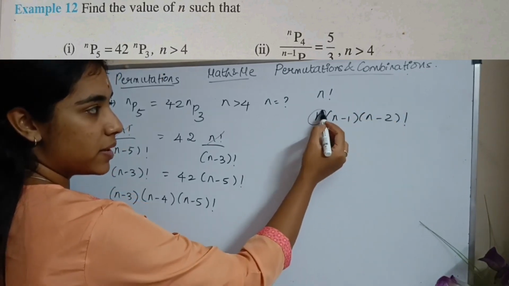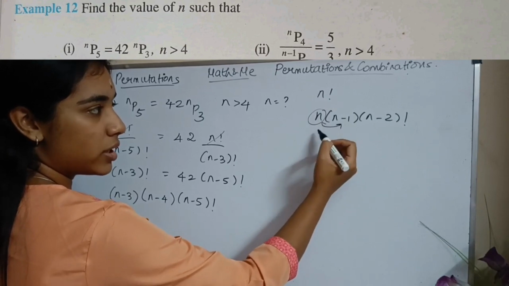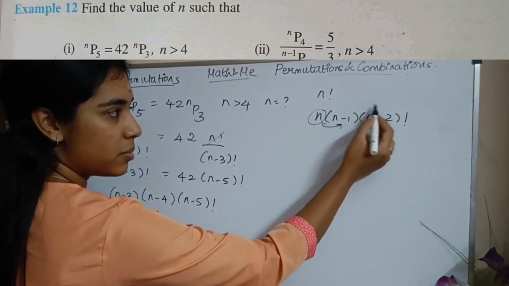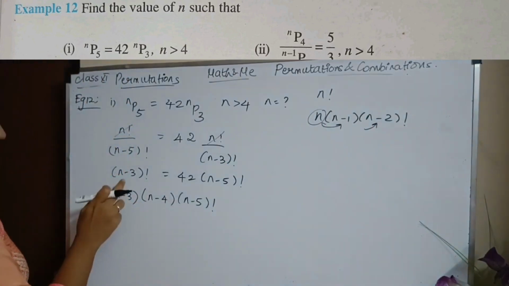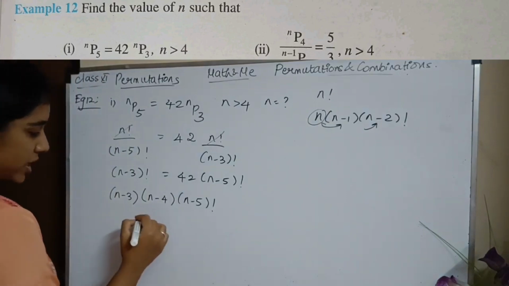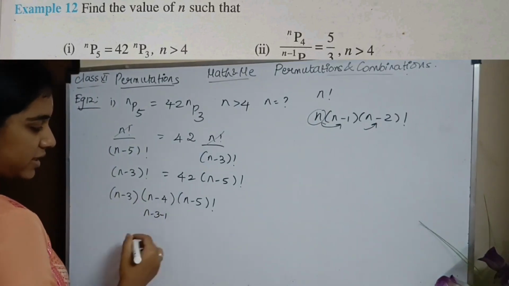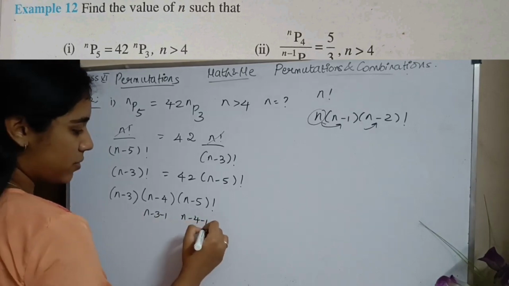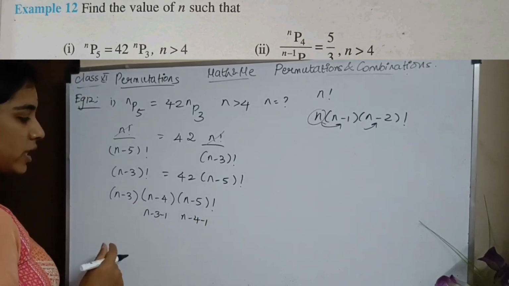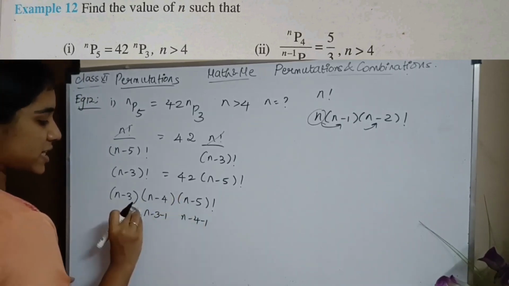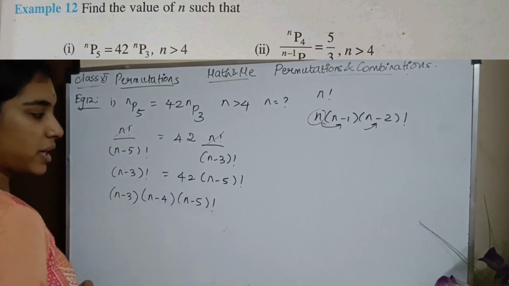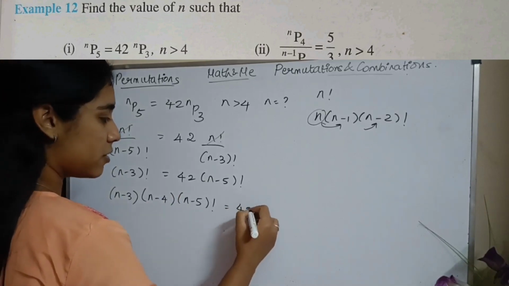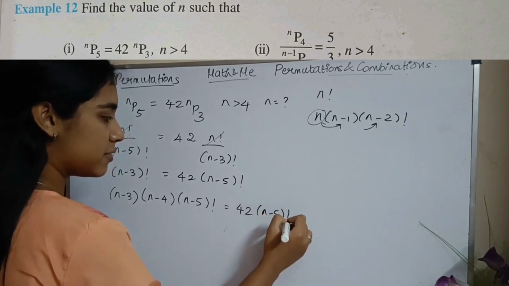Basically, when you have a number, you are subtracting it by 1. So when I have n minus 3, when I do n minus 3 minus 1, I get this. When I get n minus 4 minus 1, I get this. Okay? So my LHS becomes n minus 3 into n minus 4 into n minus 5 factorial equals 42 times n minus 5 factorial.